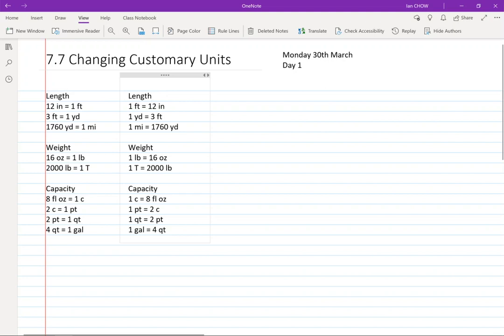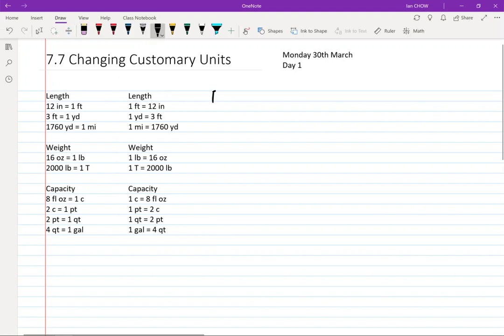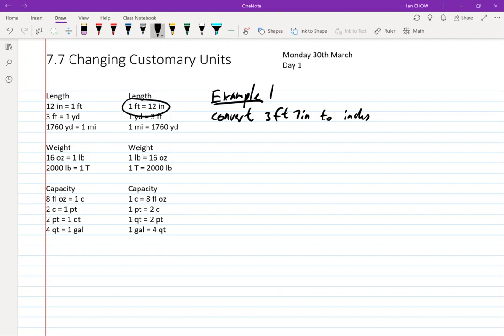So let's get into some example questions. Example one. Let's say we want to convert 3 feet and 7 inches to inches. 3 feet is the same as 3 times 12 inches, because we know that 1 foot is equal to 12 inches.